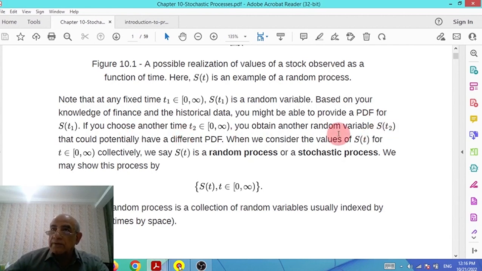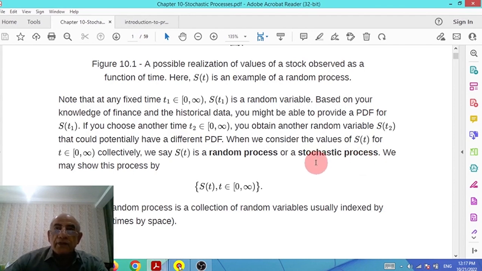These two probability density functions may be different from each other. So S(t) for each t in this interval, collectively, gives a collection of random variables. This is called a random process or stochastic process.